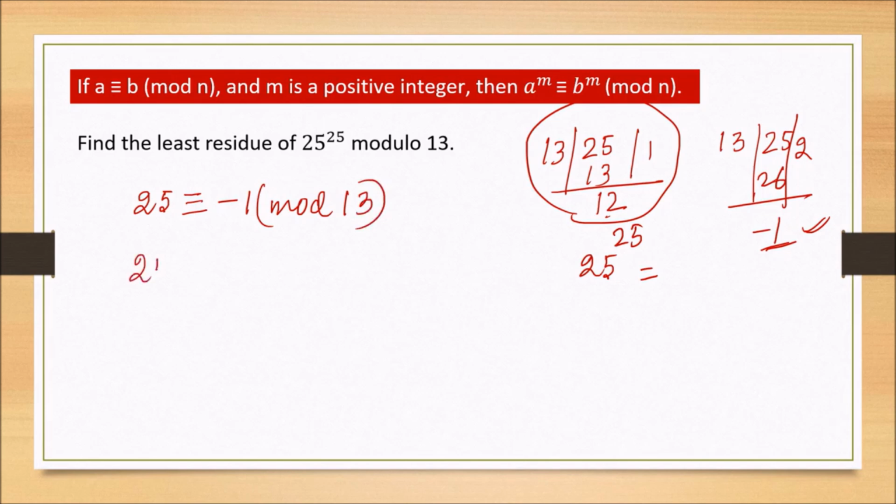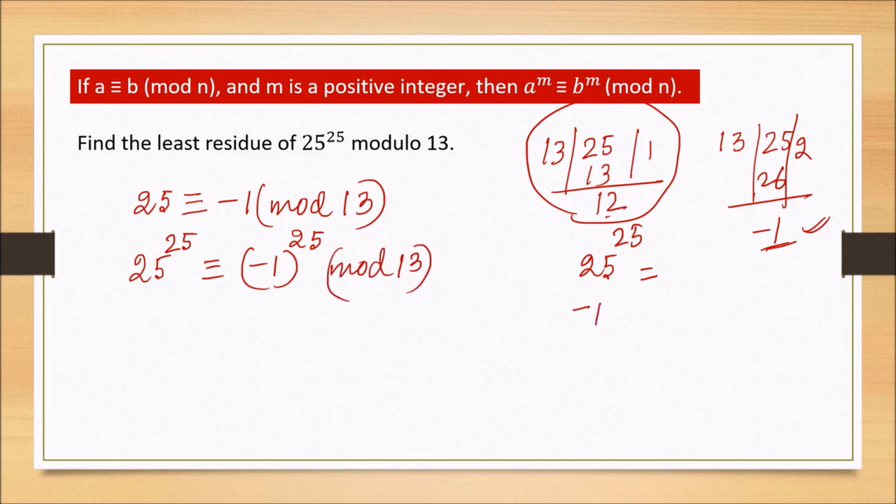So 25 raised to the power 25 is congruent to negative 1 raised to the power 25 modulo 13. And you know that negative 1, if it is an odd power, then it is negative 1. And if it is even, then you will get positive 1.